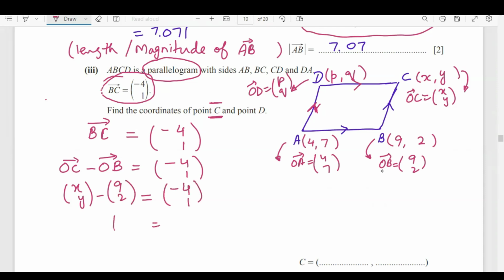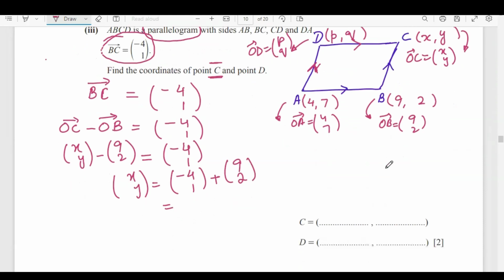After simplification, XY equals minus 4, 1 plus 9, 2. So XY is 9 minus 4, which is 5, and 3. XY was the coordinate of C, so C equals 5 comma 3.